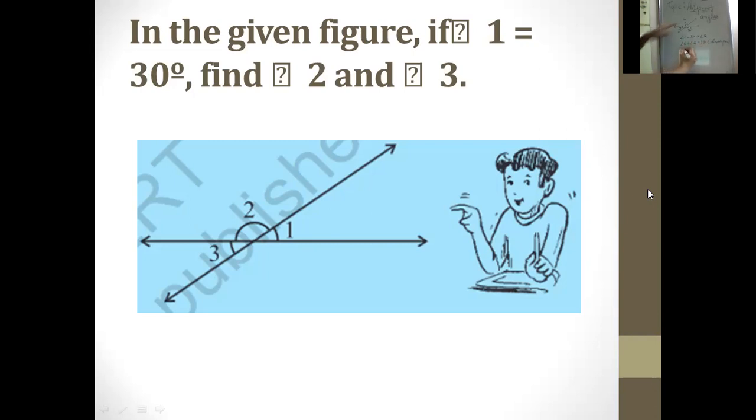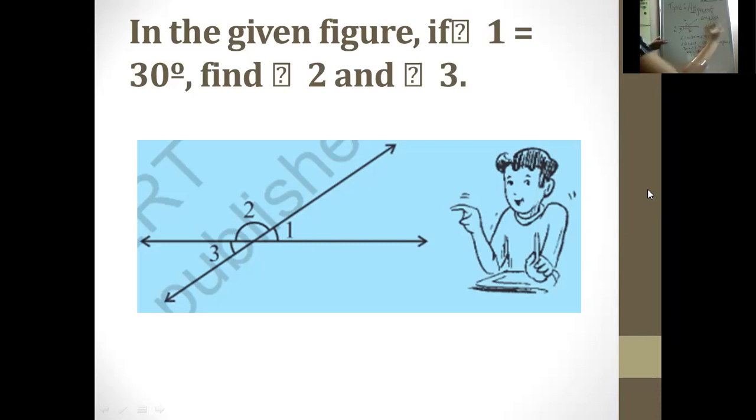Now angle 2 is 30 degrees. We are not aware of angle 3, so we would write it as angle 3 only, then 180 degrees. Angle 3 is 180 minus 30, and what we got is 150 degrees.